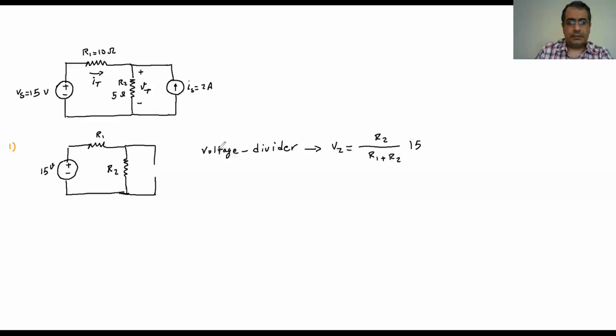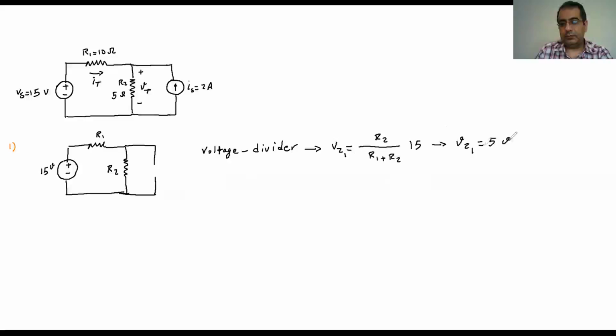But basically, the voltage is going to be divided in proportion to the resistance of those resistors. So therefore, the V2 from the first step comes out as 5 volts.